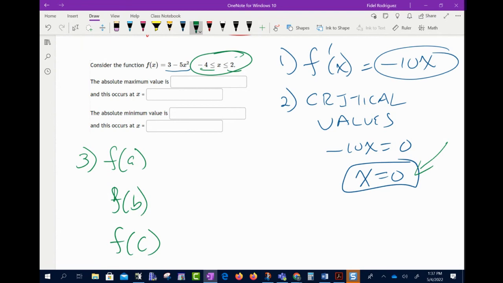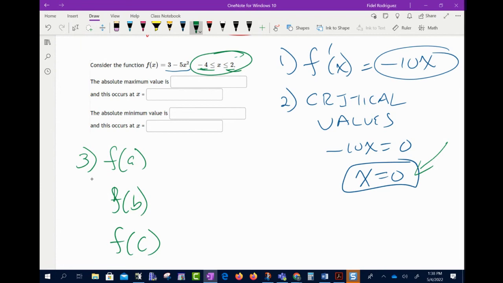In this case, you guys, my critical value is 0, and 0 is a number between -4 and 2. So I'm going to evaluate it because of that, because my critical value happens to fall within those endpoints. I want to make sure that I evaluate it at that critical value as well.